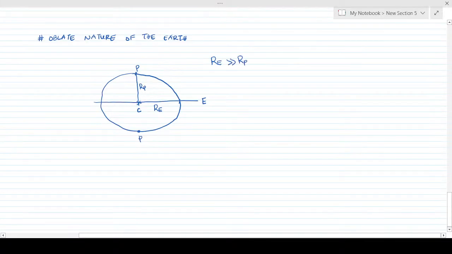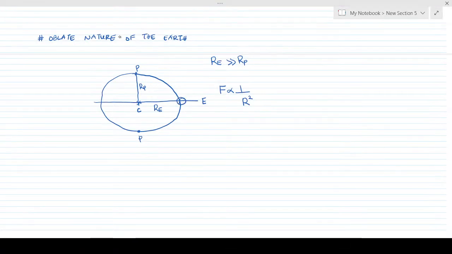Now you remember, force of gravity depends on the distance between the two bodies. So if there is a body at the equator, the distance from that body to the center, known as the concentration of the earth mass, is RE.